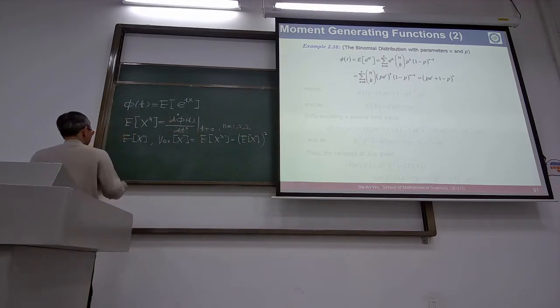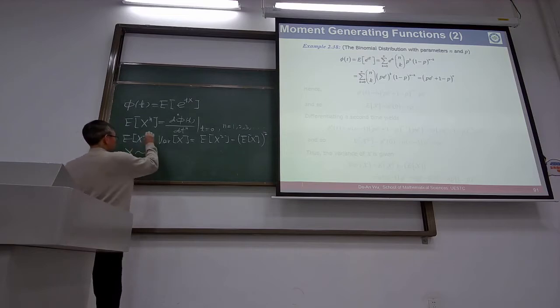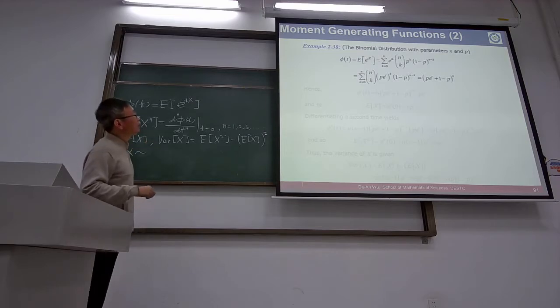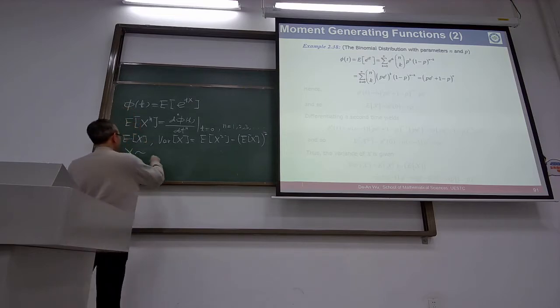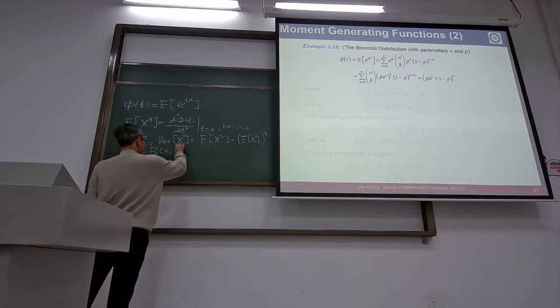For example, X follows, in this case, a binomial distribution with two parameters n and p.